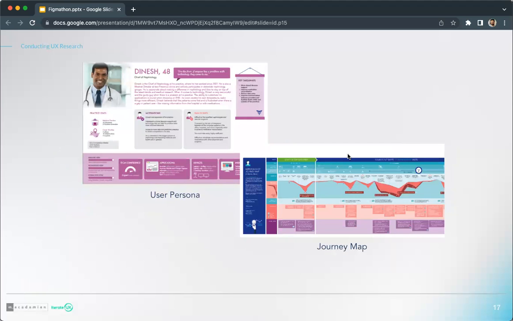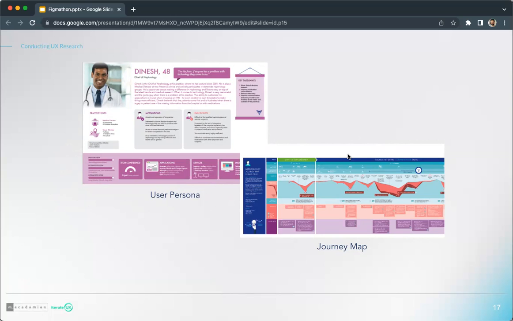Before I jump into the next step, I want to share what some of the artifacts from research could look like. I said that you create some personas or journey maps through this hackathon. So all the research that you've done could help you create something like a persona, which is basically defining what a target user could look like, or a journey, which is defining what kind of experience the user goes through at different stages as they try to achieve their goal.